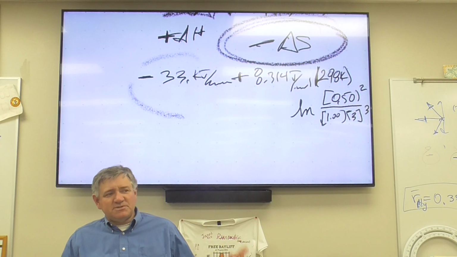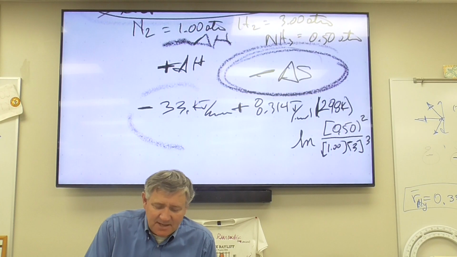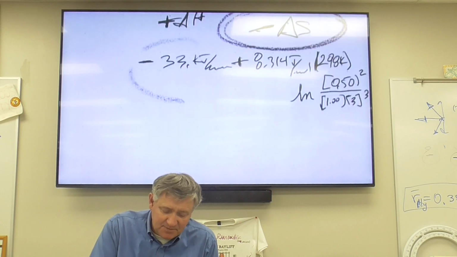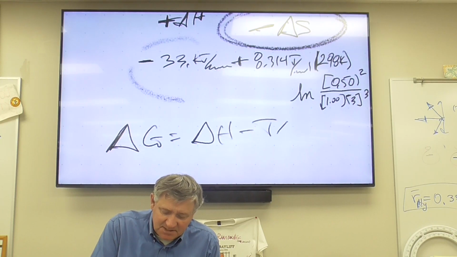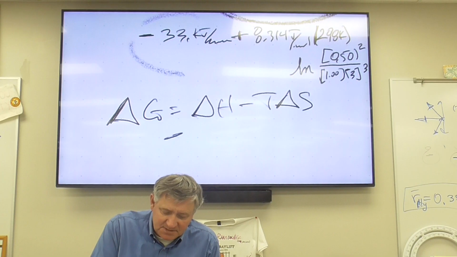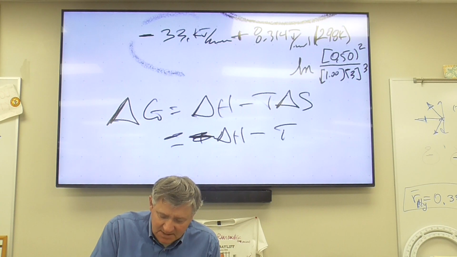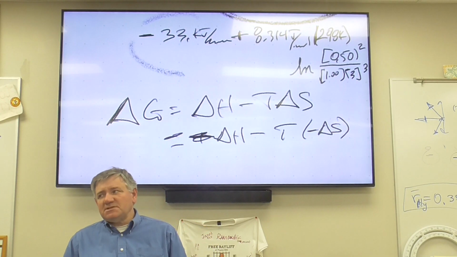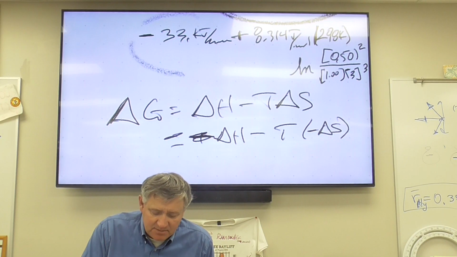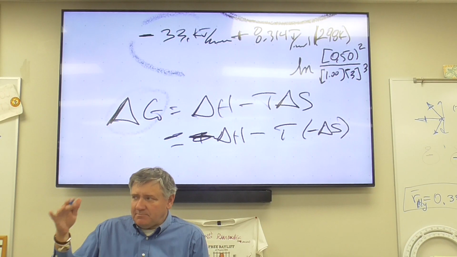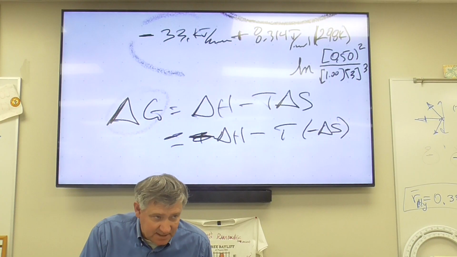So sometimes what you ask is that, and sometimes you'll see this, if you go back, delta G was delta H minus T delta S. So in this situation, you've got a negative delta H minus T, and then you've got a negative delta S, okay? So sometimes it will ask, and it's kind of weird how it's phrased, is delta G gonna be more or less negative than delta H?